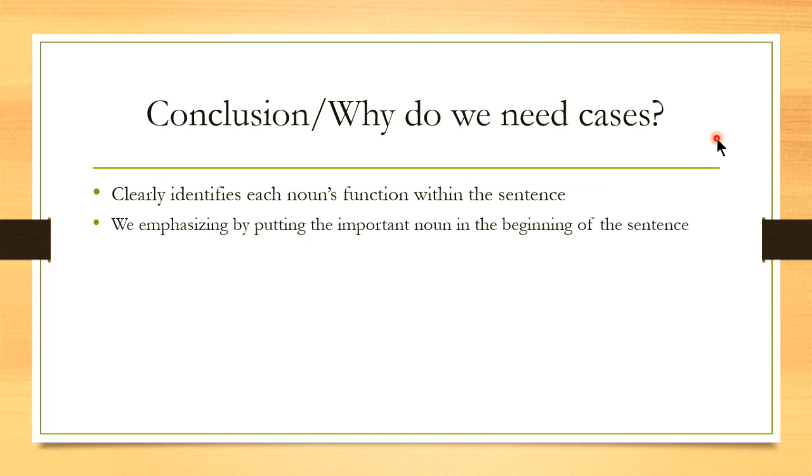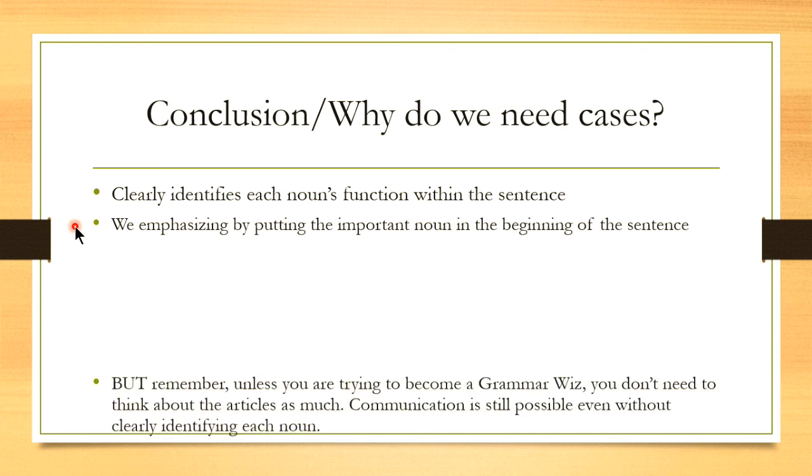If we wanted to emphasize the place, the location, how something is done, we put it in the beginning. Again, because we clearly identify each noun's function, this is even possible. If this was not a thing in the German language, we would not be able to say the same sentence in about 3 to 5 different ways by just switching whatever we find most important in the front.